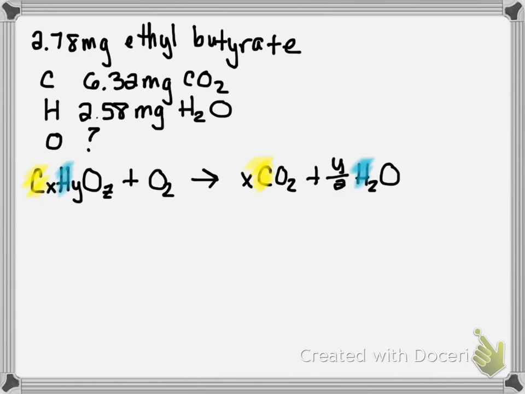So this information will allow us to work backwards, essentially. You're going to begin at the end. Begin by knowing about the carbon dioxide and the water to figure out how much carbon and hydrogen I had to have started with.